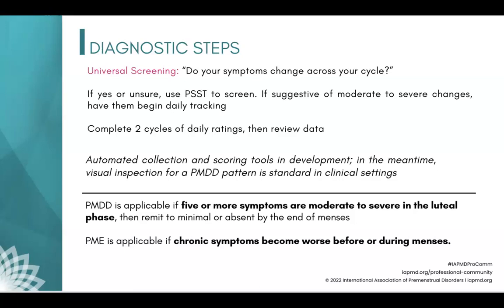There are automated collection and scoring tools in development. One gold standard in research is the CPAS. But in the meantime, in clinical practice, visual inspection for a PMDD pattern is fairly standard, right? Just being able to see that there seems to be this high severity, high duration peak in the luteal phase of the cycle, and then this remission of symptoms once you get to a day or two after menstrual bleeding starts.